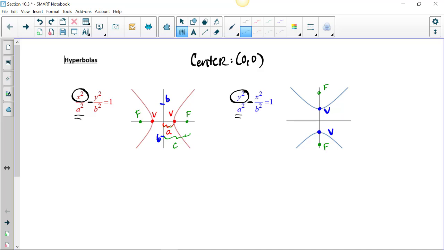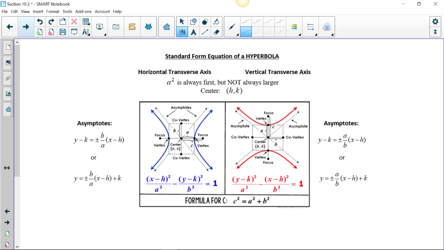Okay, so let's look at our standard form if the center is at another point, which we will also refer to as (h, k). We've got our two standard forms down here. Pretty much the only thing that we've changed now is we've replaced x with x minus h and y with y minus k.